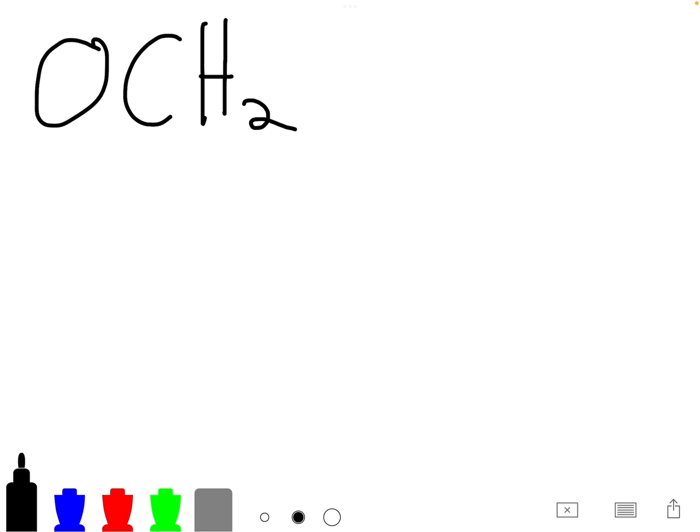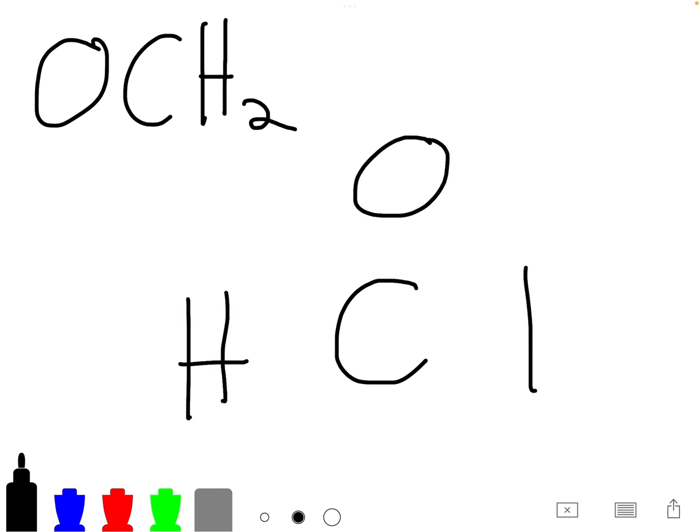Okay, so when you bond them together, they're going to bond here and here. And then they're going to bond right here. And you're pretty much going to rewrite it like this. So oxygen will still have its 6, carbon still has its 4, and the hydrogen will have the 1. And that is how you do the dot notation for this one.